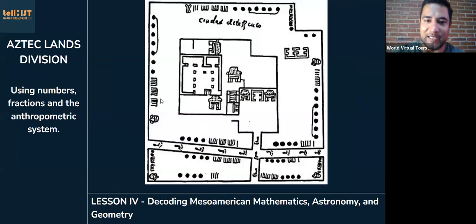So we see the numbers, the fractions, like the dots in this case for the lands, it is the number 20, and other lines for the units and groups of 5 in this case. 5 or 20, we have the measure of the foot here, okay?